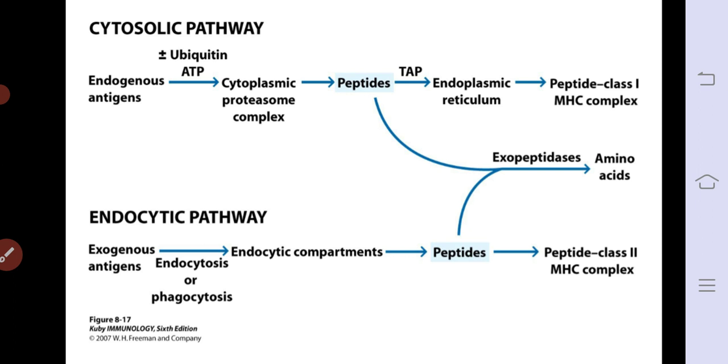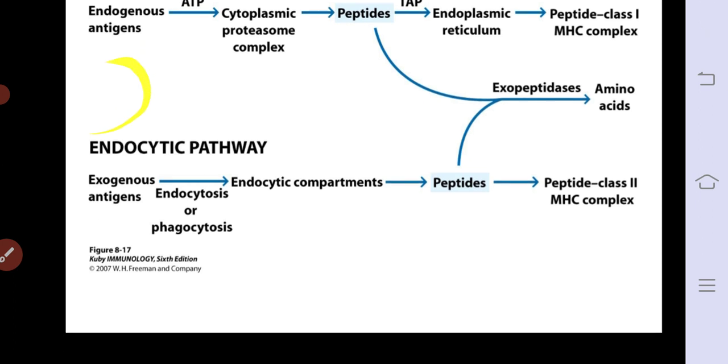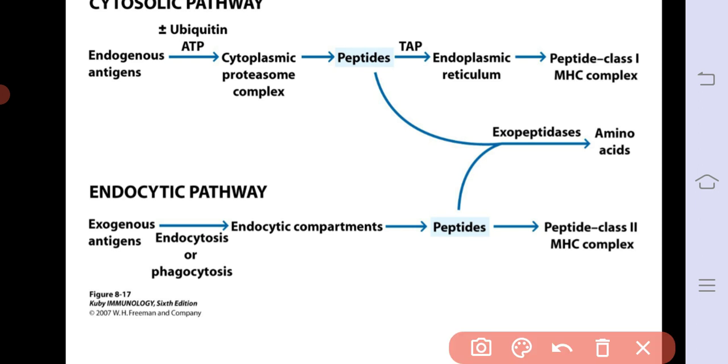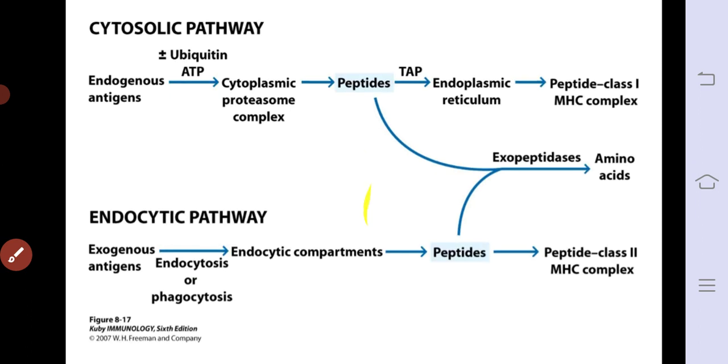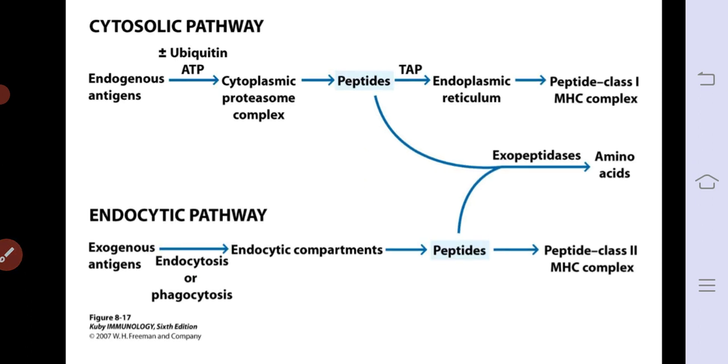Here once again, one clarification: the cytosolic pathway, or the pathway by the MHC class first molecule, or endogenous pathway. In this pathway, the endogenous antigen, or viral antigen, or tumor cell antigen is ubiquitinated and ready for cleavage through the proteasome complex, and this ubiquitination is an ATP requiring process.